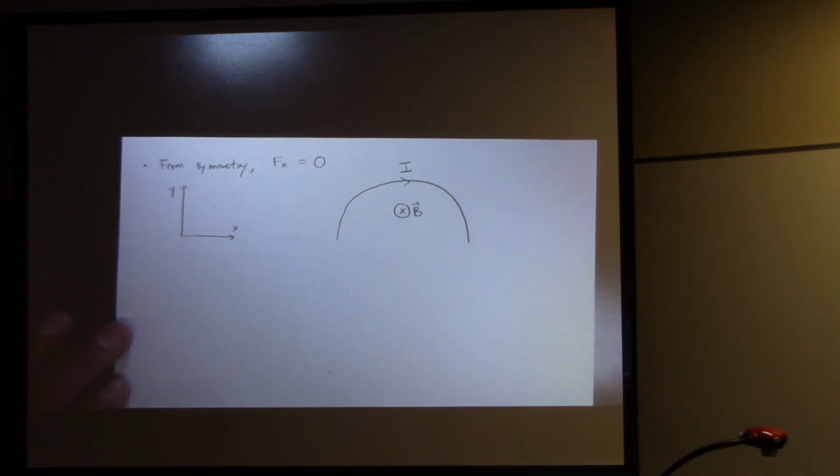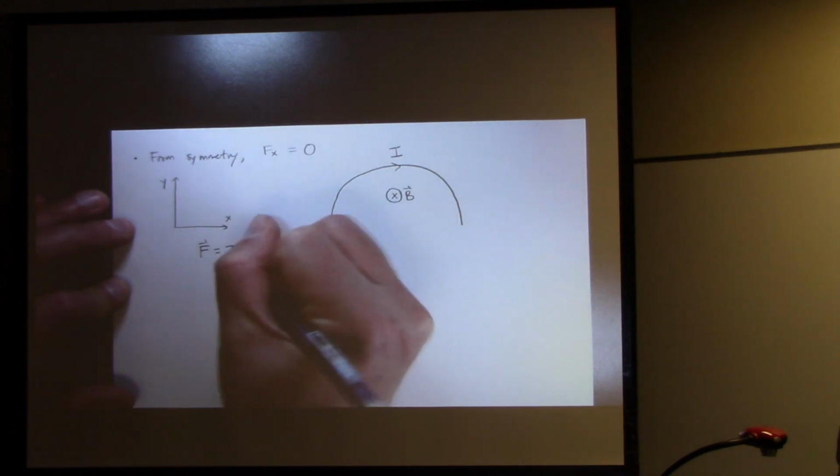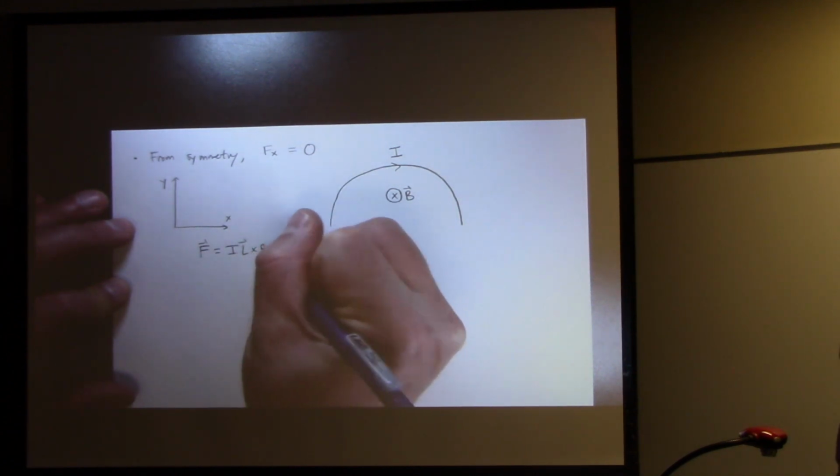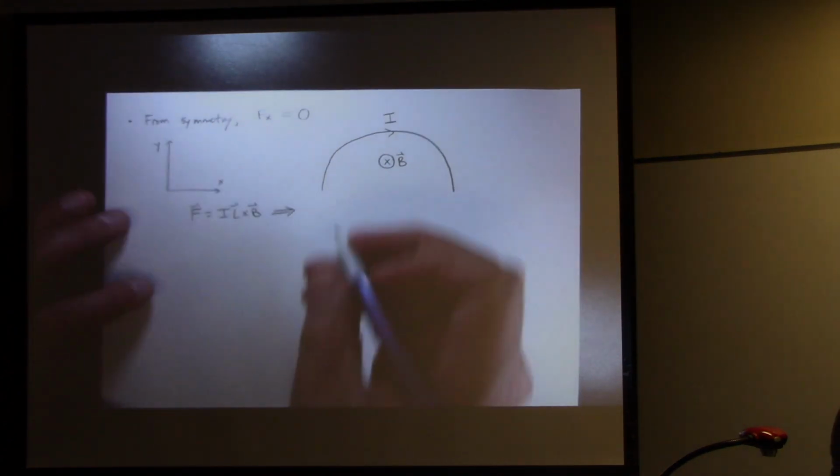Now, we have the idea that F is equal to I L cross B. In this case, I want us to write this in differential form.